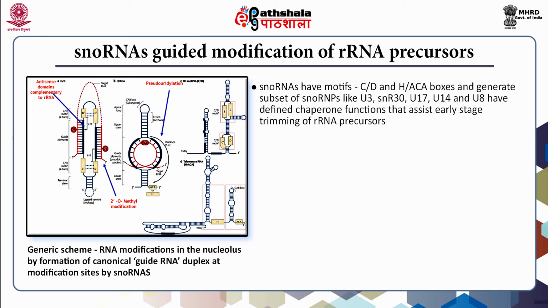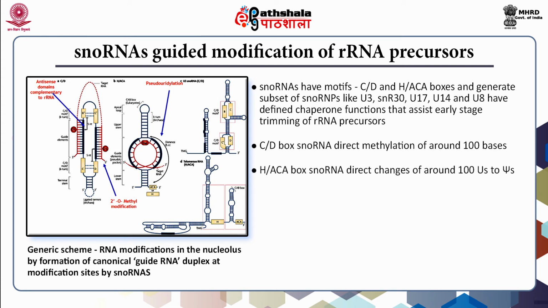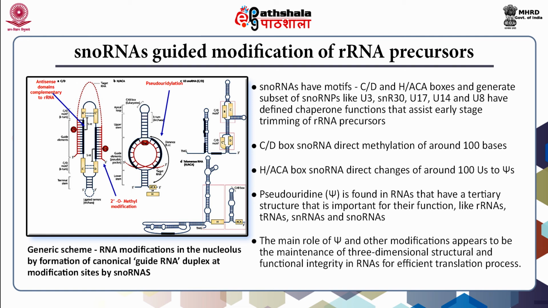The subset of snoRNPs, that is U3, SNR30, U17, U14 and U8, have the defined function of chaperones that assist early stage trimming of the pre-rRNAs, while mostly the box CD and the box HACA RNPs catalyze ribose methylation and uridine isomerization into pseudouridine respectively. All these processing events are at specified positions of pre-rRNA indicative of the mature rRNA sequences.